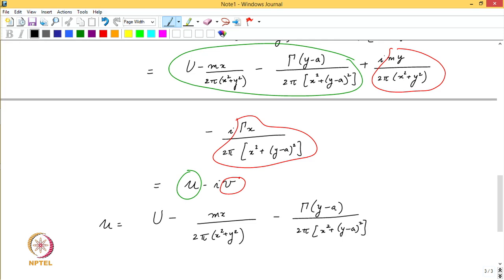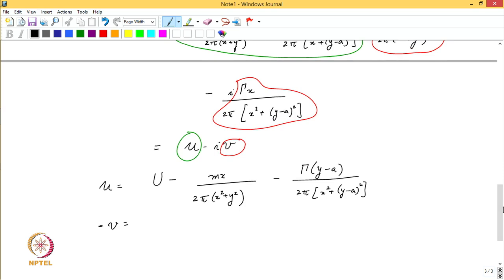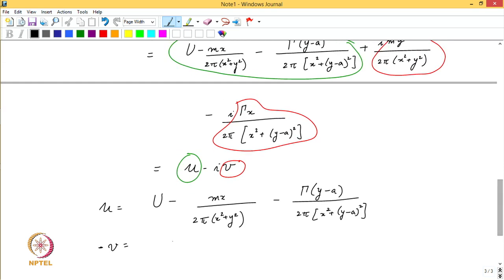And we will get v to be, or rather I should say minus v, because there is a negative sign on u minus i v. So, minus v would be m y by 2 pi, over x square plus y square, plus gamma x by 2 pi, or rather I have a correction here.